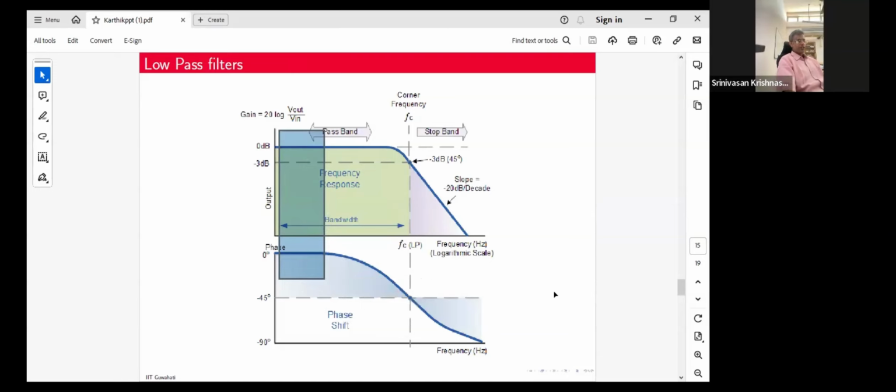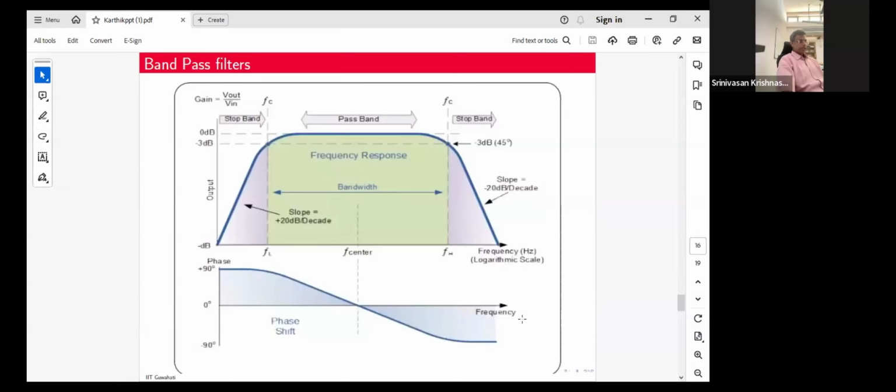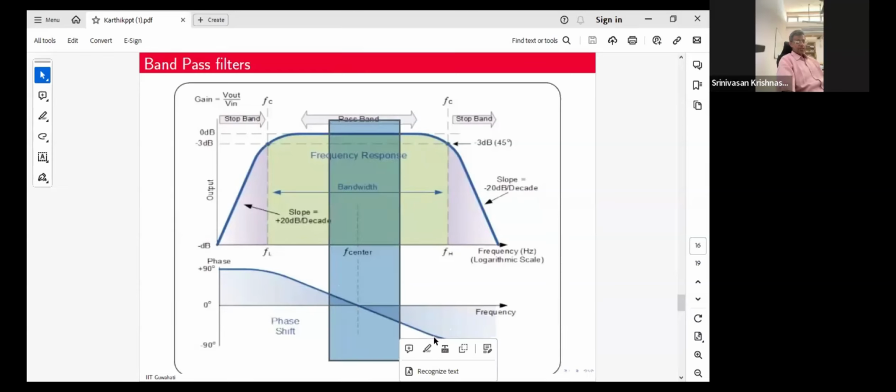So the next kind of filter that you have is a band pass filter. Here you're just trying to allow a certain frequency band, and you're trying to push out every other frequency band. So you see here you have this pass band that's flat, but again here your phase keeps varying. You want to operate at a region wherein your phase distortion is as close to 0 as possible.